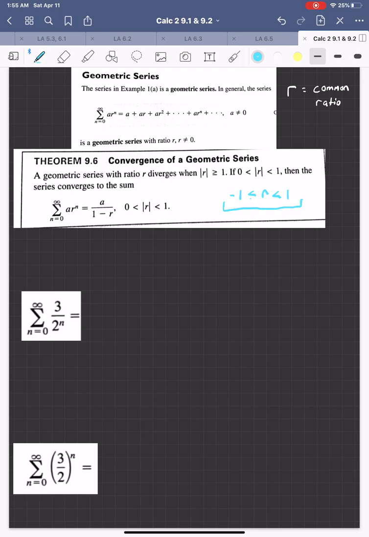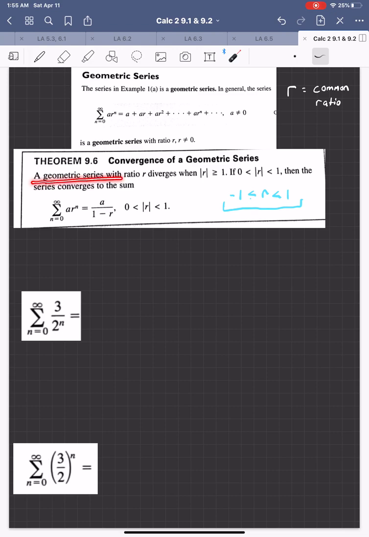So if the R value, in other words, the common ratio, this base here, is between -1 and +1, then you can make a statement about convergence. Okay, ready? Let me read.